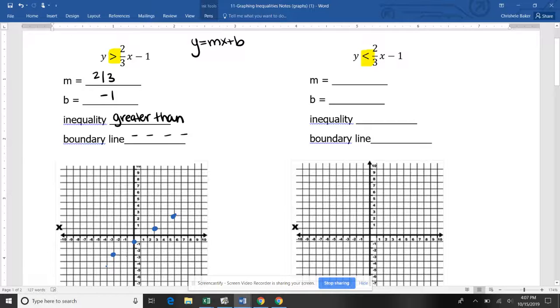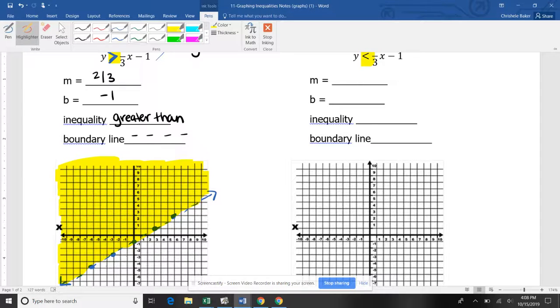I'm going to use a dashed line to connect this. Since my inequality symbol was greater than, I'm going to shade above. That means all of the ordered pairs in this yellow shaded area are solutions to my inequality.